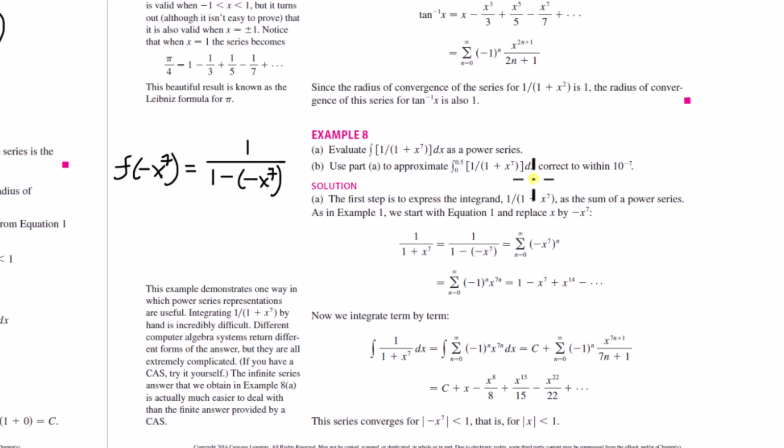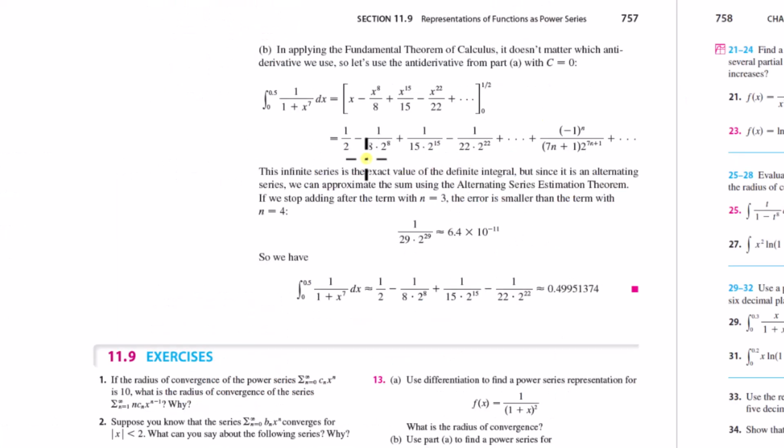So if we were going to estimate this definite integral correct to within 10 to the minus 7, then what we're doing is thinking about what this series is. Can we get an estimate for the sum of this series? Because this is the definite integral: the series with this as the a sub n. Can we get an estimate for what this is equal to, correct to within 10 to the minus 7th?